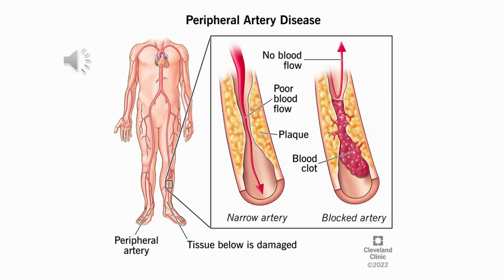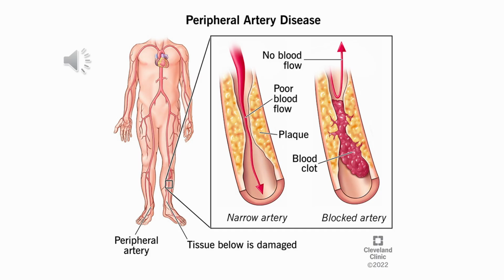The image here gives a good, detailed visual representation of how peripheral artery disease impacts blood flow. On the left, you see a healthy arterial system with blood flowing freely to tissues. On the right, the diagram illustrates the progression of peripheral artery disease. As atherosclerotic plaques begin to develop along the arterial walls, the lumen narrows, which reduces blood flow.